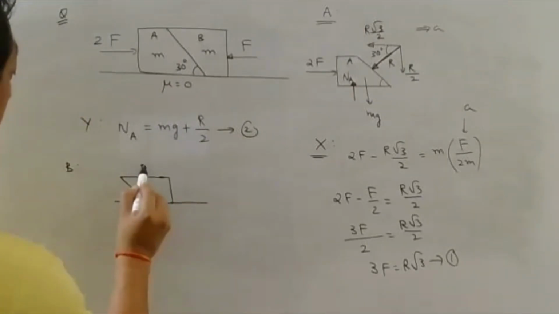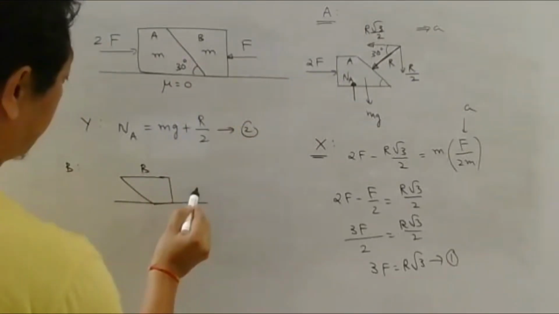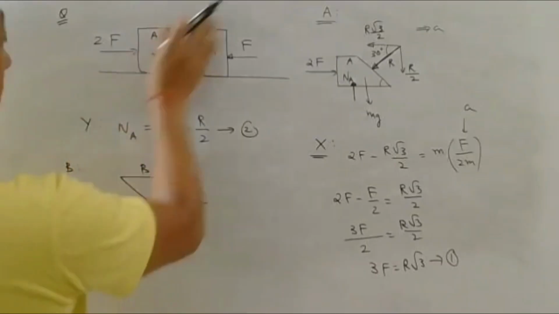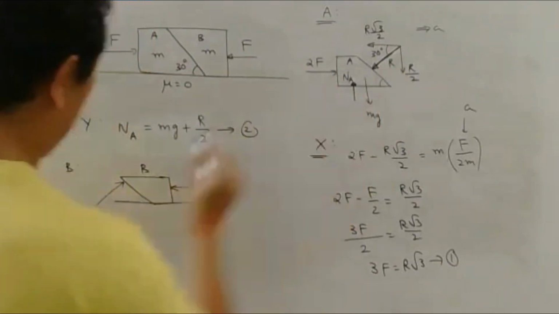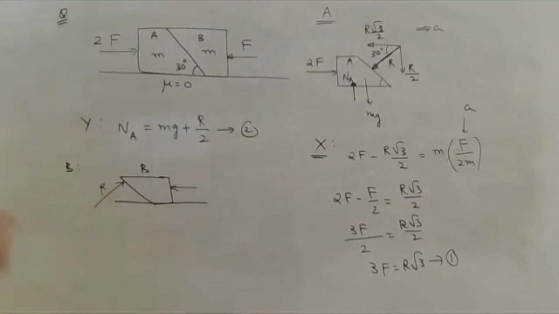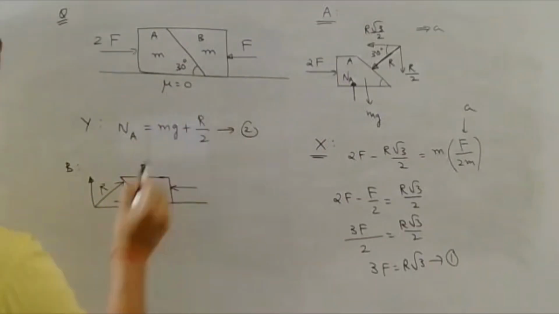Now you have to do the same thing for block B. So for block B, what are the forces? Here F_A is pushing B this way. Now this R and this R will obviously be the same. Action-reaction, right? So here one component, here one component. This is 30.